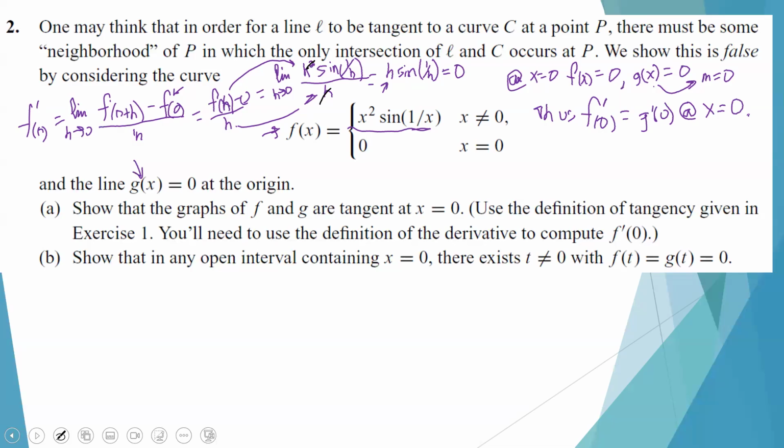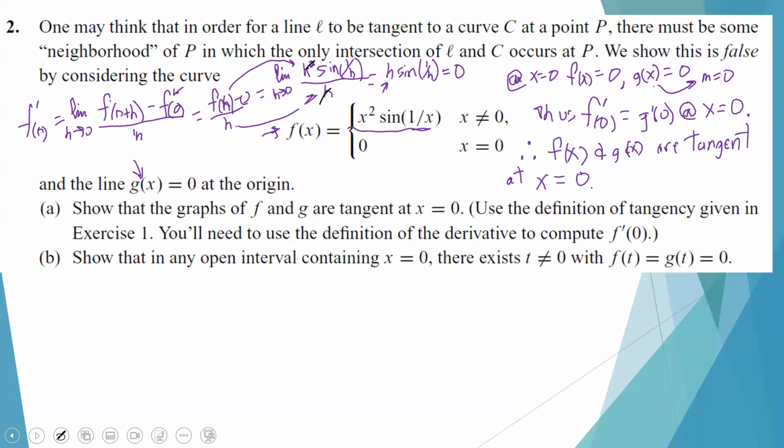And since their derivatives are the same at that location, therefore f of x and g of x are tangent at x equals 0, since they have the same slopes. If they have the derivative at the same place, they have the same slope at the same place, because the derivative is slope.